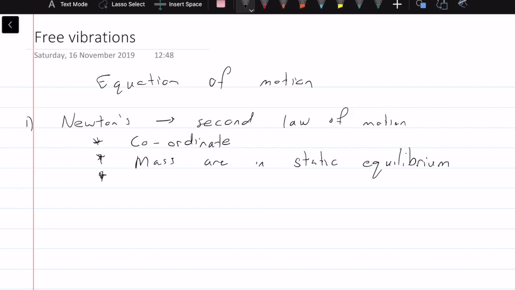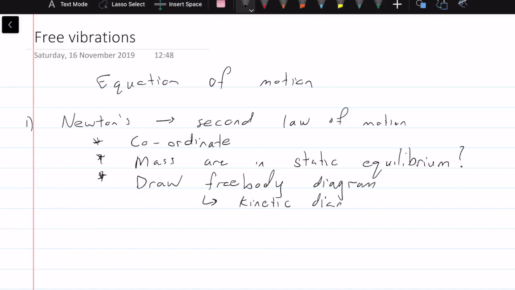Then the third step is to draw our free body diagram. Let's put a question mark to say are they in. Then we draw our free body diagram, and we can also add under that our kinetic diagram. And then finally we apply Newton's second law.